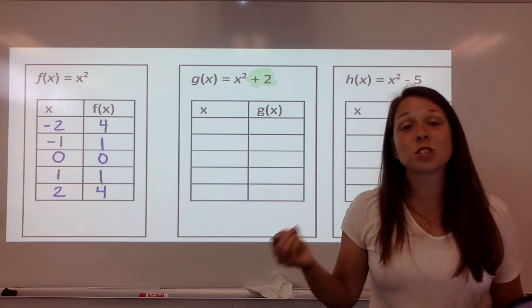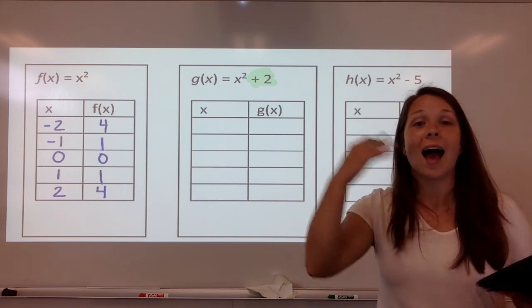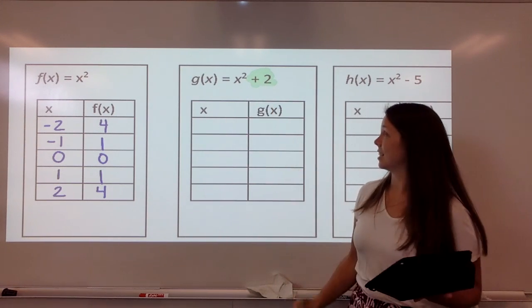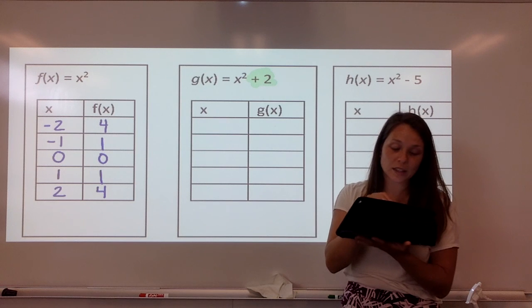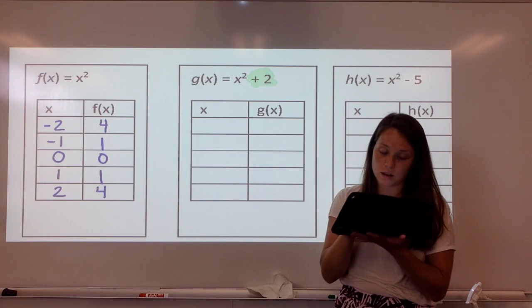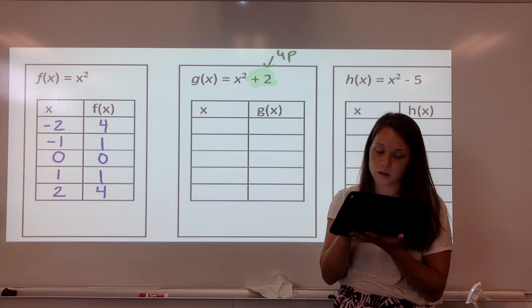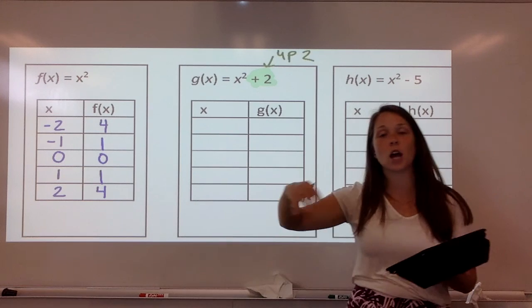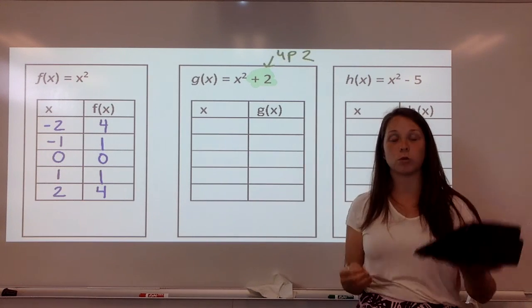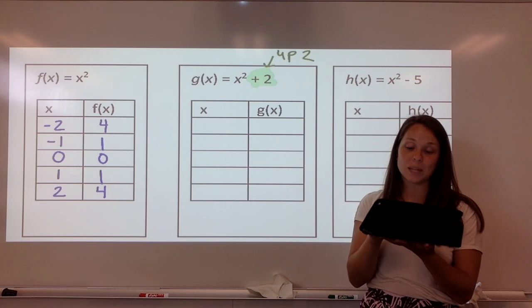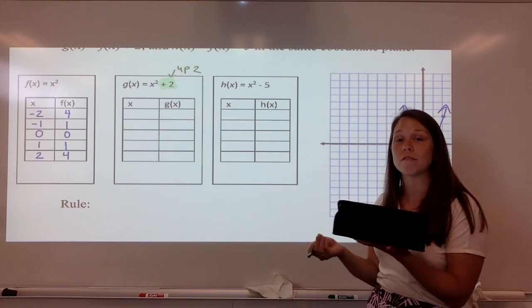And that plus 2 is happening outside of this original parent function of x squared. It's on the end. So what that is telling us is that this is a vertical shift up 2. This plus 2 means I'm going to take my original parent function and move all my points up 2 units. Now again, this is vertical, which means it's affecting my y values.